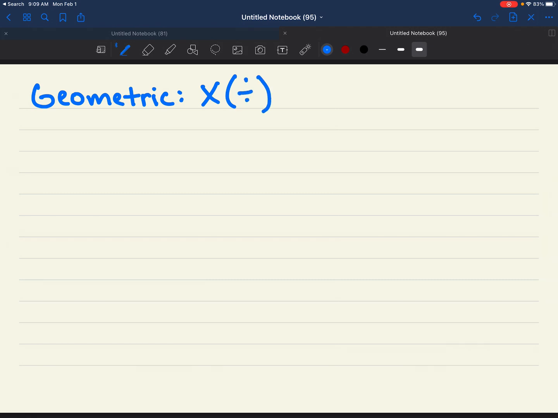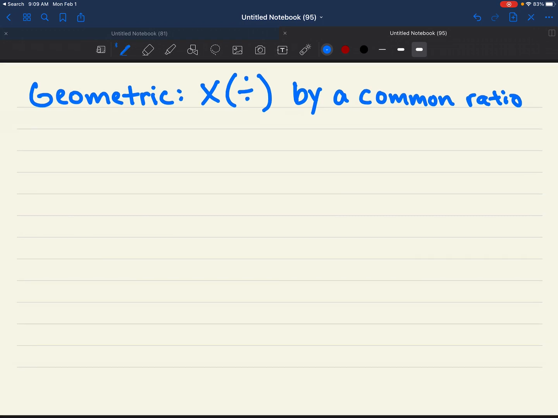I'm going to put division in parentheses because sometimes it will look like division, but it has to be multiplication, and I'll show you how that works. Like a fraction, not a decimal. A fraction is not the same thing. So 1/4 would be the same value as 0.25, but they're not the same thing.